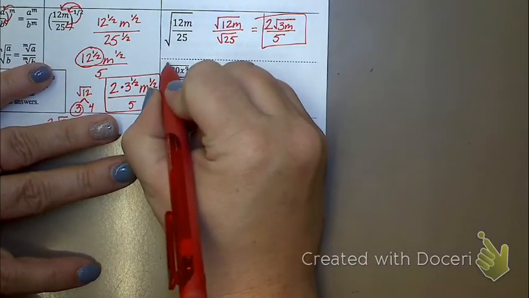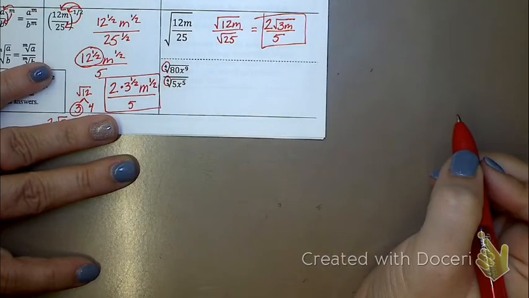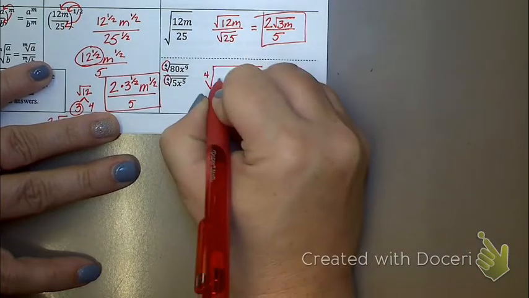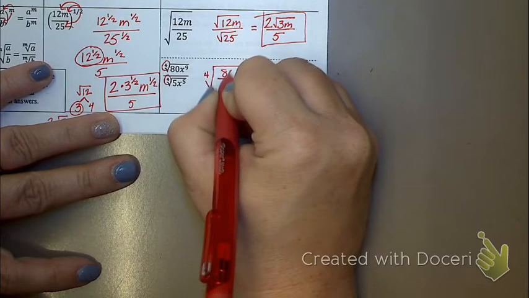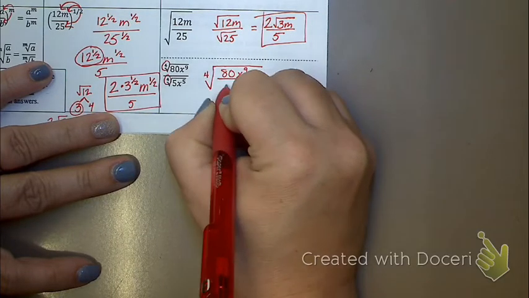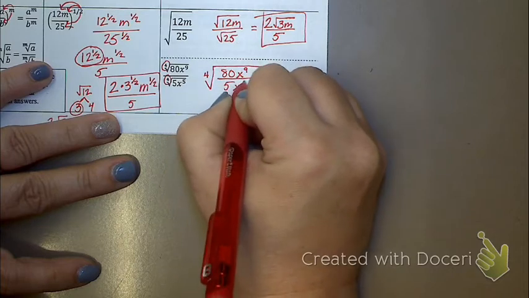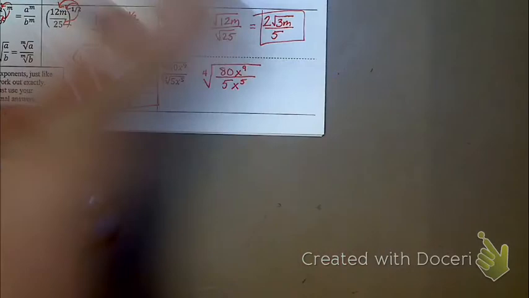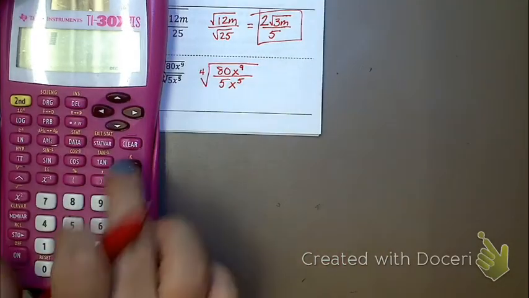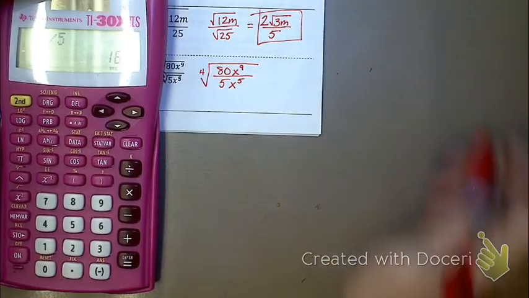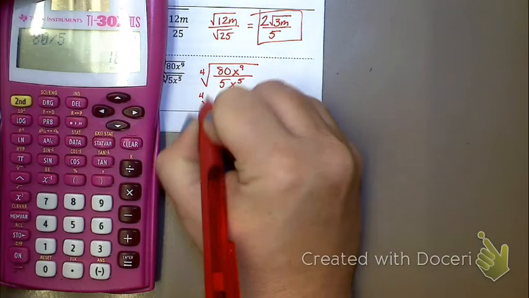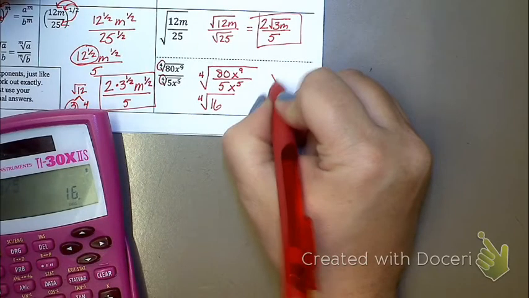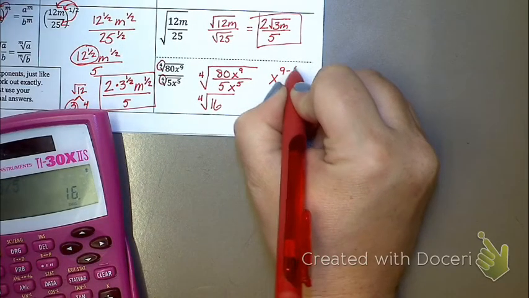Okay? All right, so let's see what I've got here. This is pretty ugly. However, I notice they both have that 4th root, which means that I can combine them both under the same 4th root. Why is that beneficial to me? Because I can simplify in here and then worry about my 4th root. I can do 80 divided by 5. What is 80 divided by 5? It's 16. So I have the 4th root of 16. And x to the 9th over x to the 5th, I can use my subtraction rule.